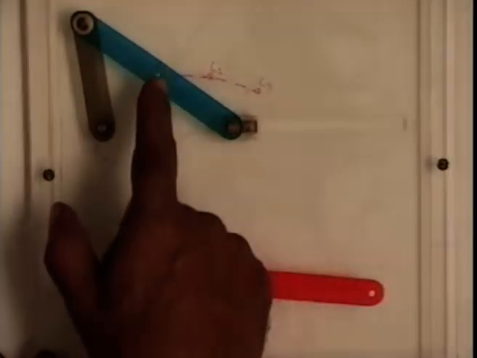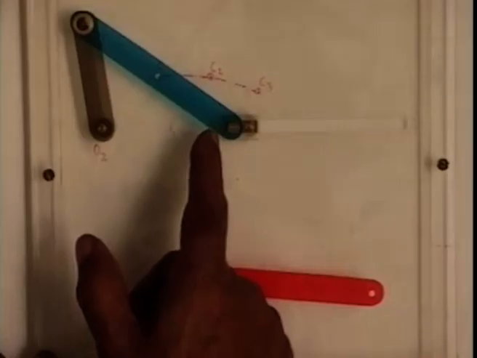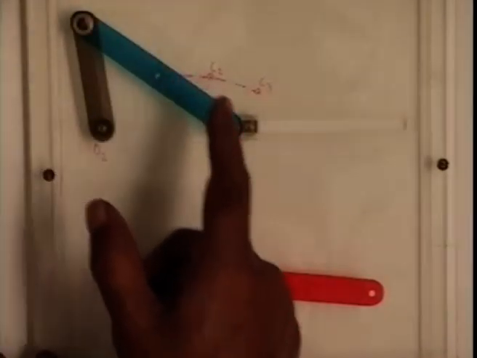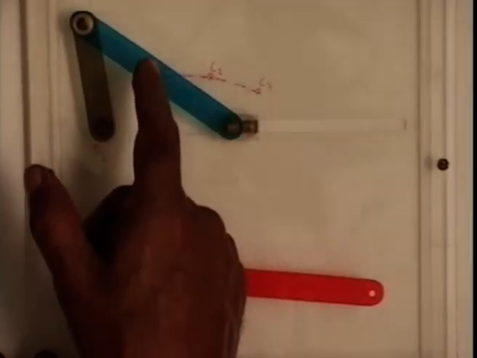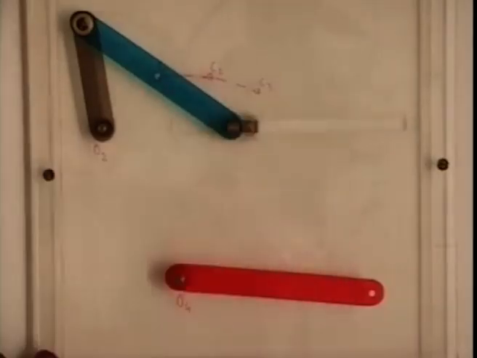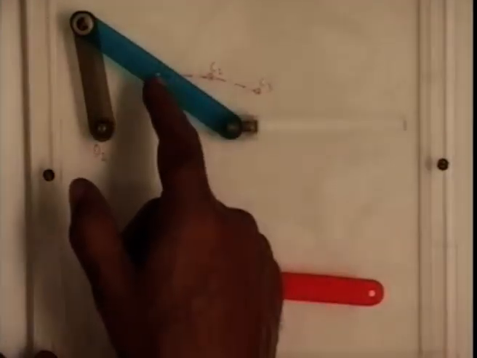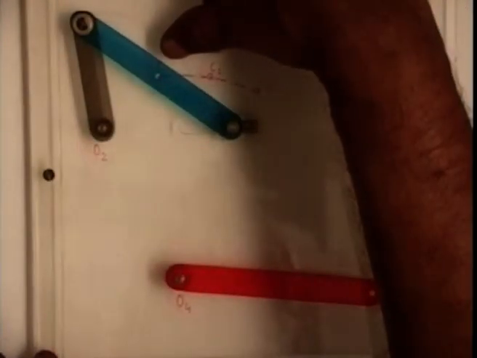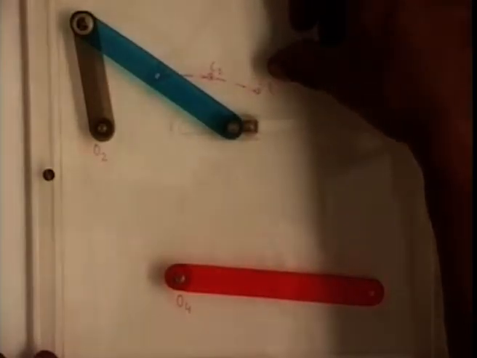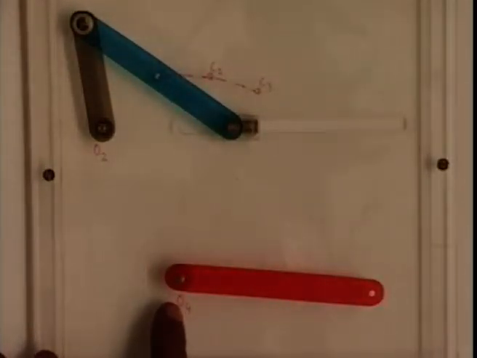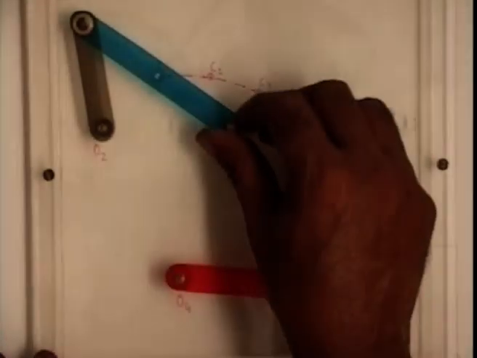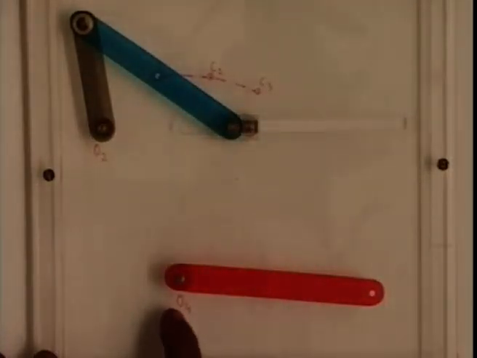So we mark this midpoint of the connecting rod corresponding to the three specified configurations as C1, C2 and C3. The center of the circle passing through these 3 points C1, C2 and C3 is here. So we make that as our O4 for the required 4R linkage.